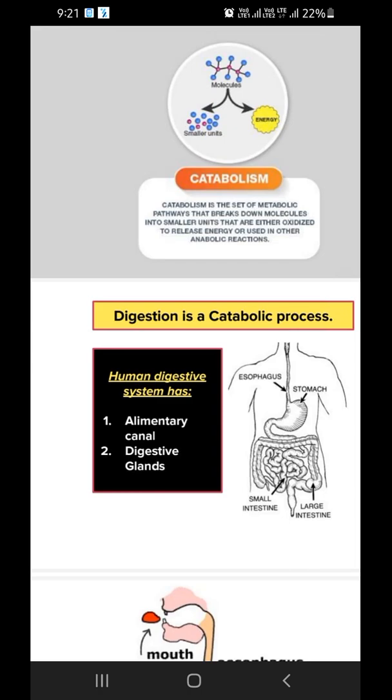Photosynthesis is an anabolic process, the building of simple substances into complex ones. In photosynthesis, we take carbon dioxide and water, which are simple substances, and they are converted to glucose and oxygen. So this is the conversion of simple to complex. So digestion is a catabolic process, photosynthesis is an anabolic process, and respiration is a catabolic process. Keep it in mind.